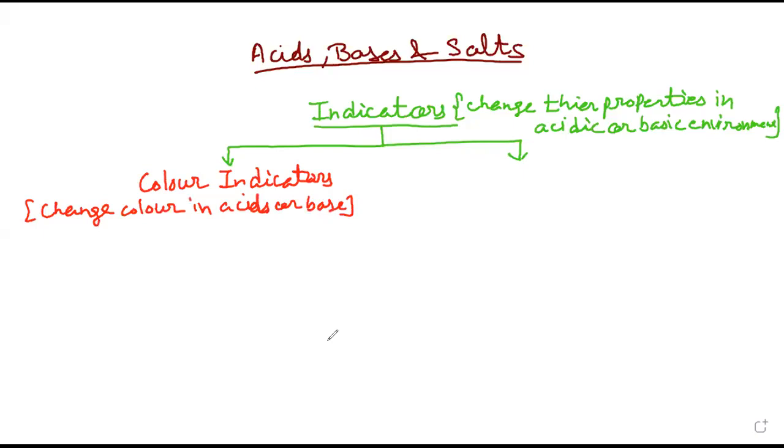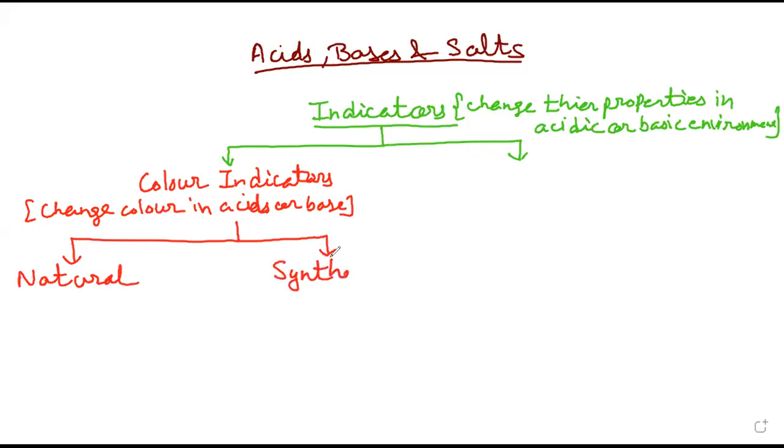So color indicators have two categories further. What are these? Let's discuss. One is natural, and the other is synthetic. Now, what are natural indicators? As from the name, it's very clear, they occur naturally.